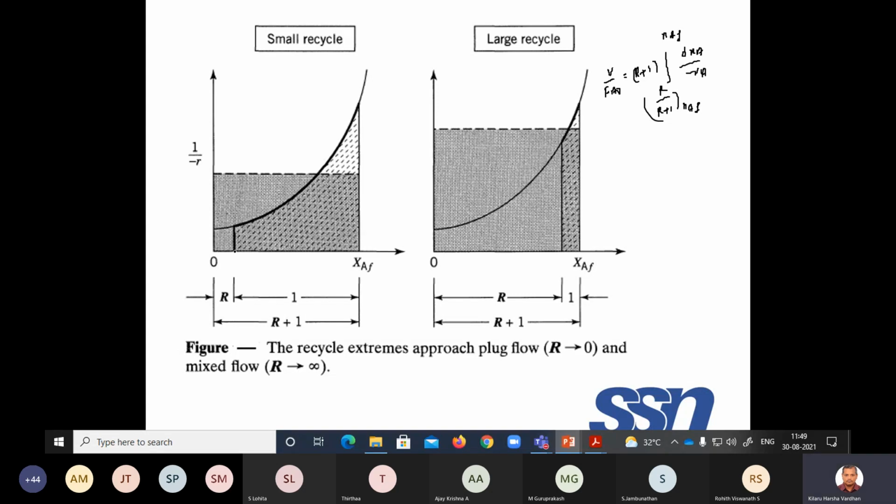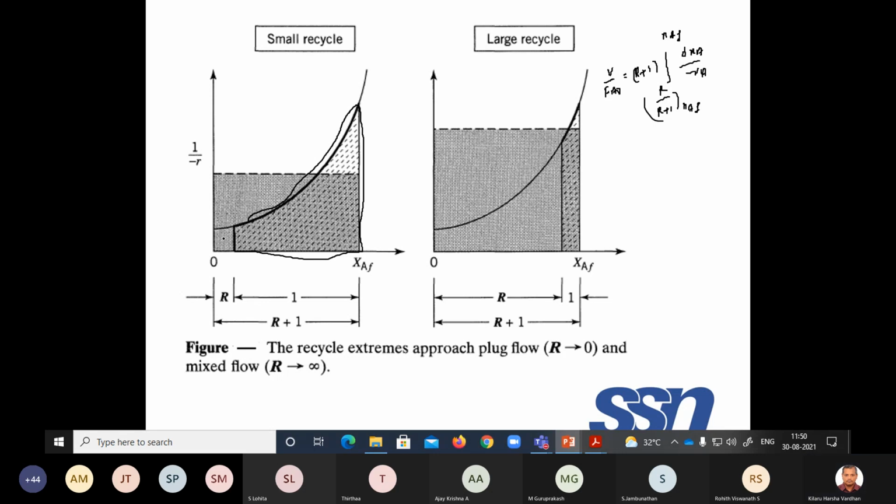The area under the curve is nothing but PFR, right? The one component is nothing but PFR. R is very small. Therefore, to go from 0 to XAF, you are splitting from 0 to R, from here to here. From here to here is a plug flow reactor, and this added to it is nothing but the entire volume required.